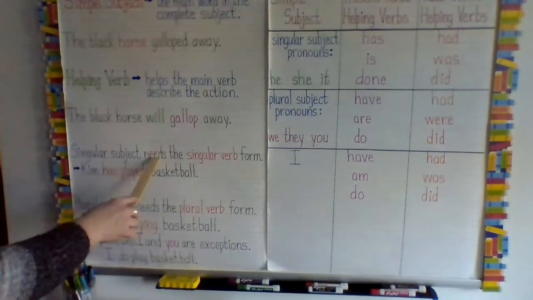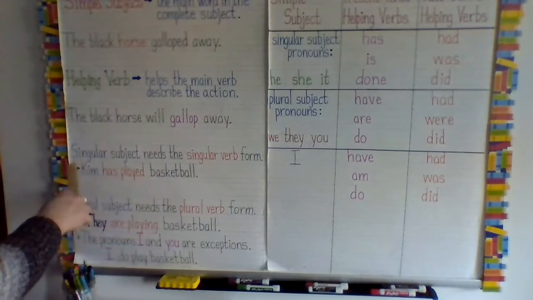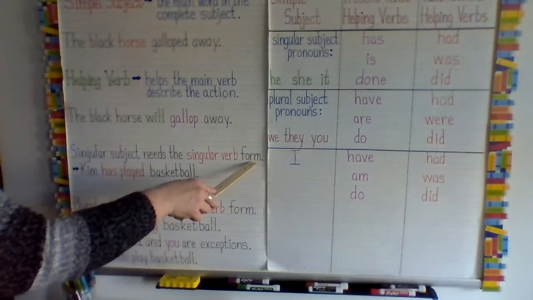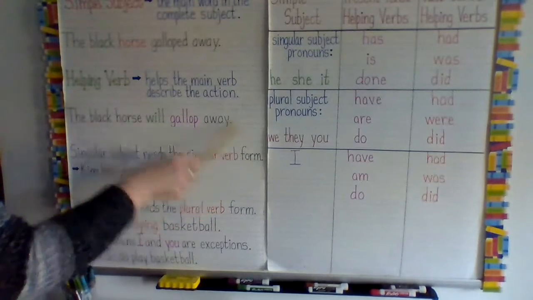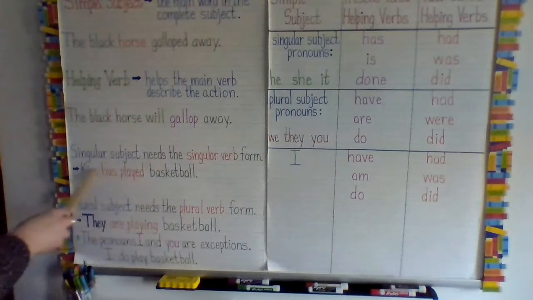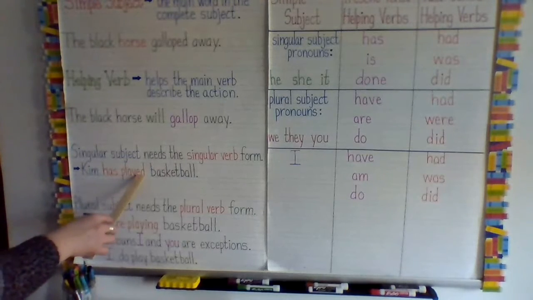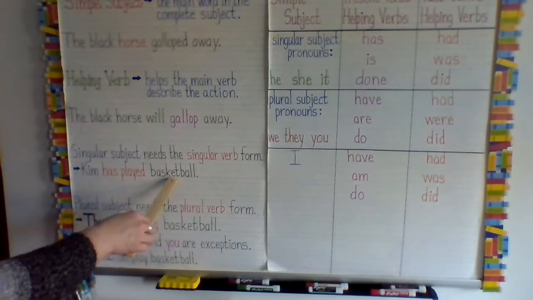The singular subject needs the singular verb form. This is where it starts in your workbook, but I wanted to break that down a little bit more for you. And here's my example: Kim, who is singular, one person, has played basketball.